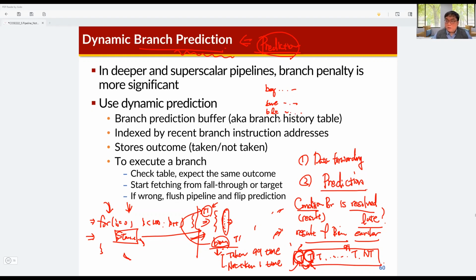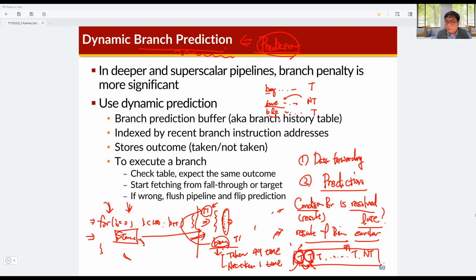But in the code, there can be many branch instructions. So we just store the previous event of each branch instruction: taken for the BEQ, not taken for the BNE, and then taken for the BLT.